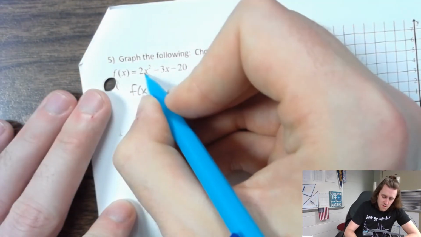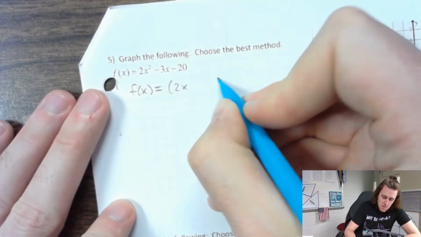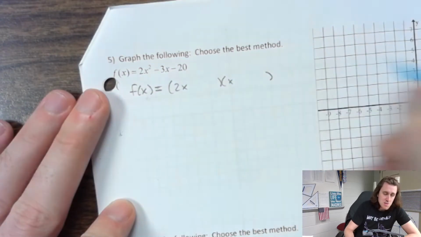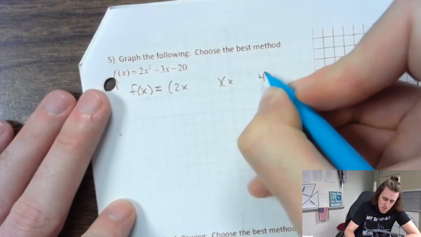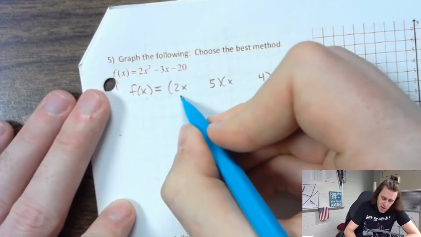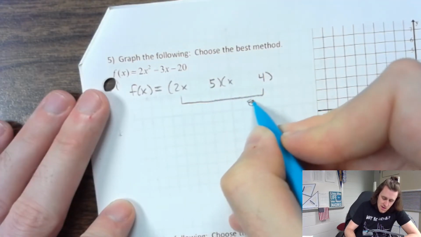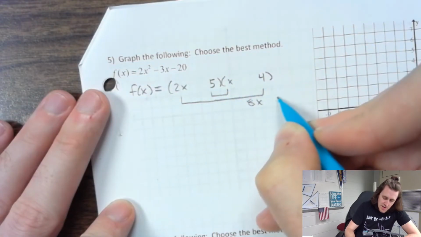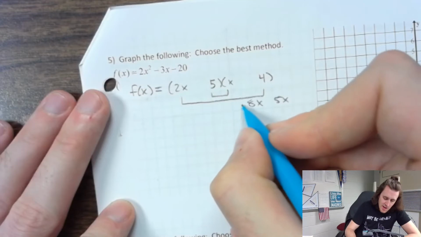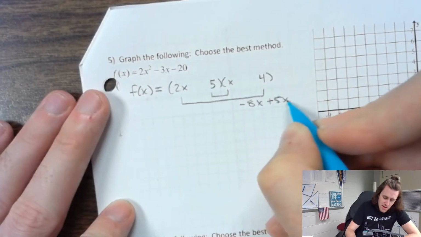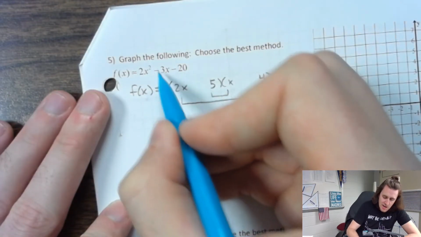So factoring this, 2x and x, 20 could be 4 and 5. And if we had 8x and 5x, that can give us 3 if the 8 part is negative and the 5 part's positive. We can get negative 3 in the middle.